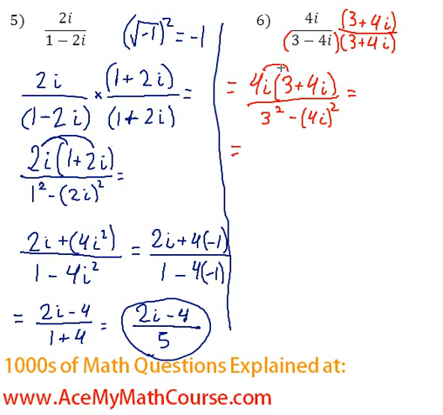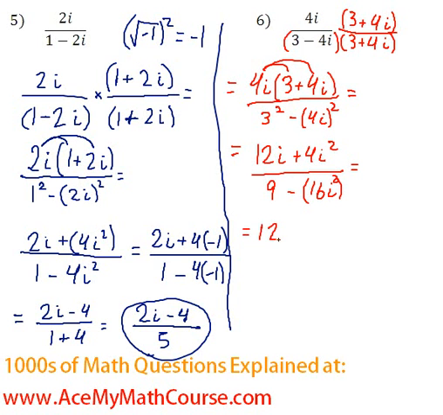Okay, so now we can distribute 4i times 3, 12i. 4i times 4i will be 4 times i squared all over. Now 3 squared is 9. And 4i squared, that's going to simplify into 16i squared, because the 4 was in the bracket, so the square applies to that as well.